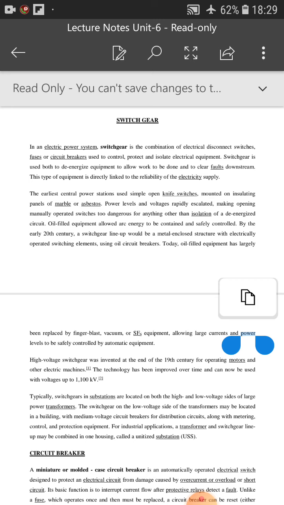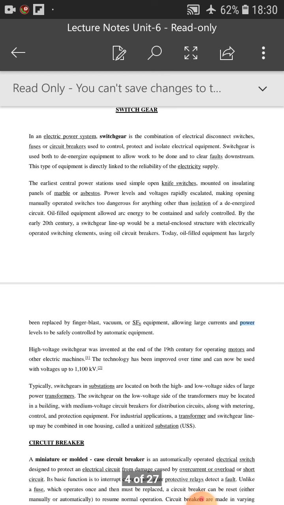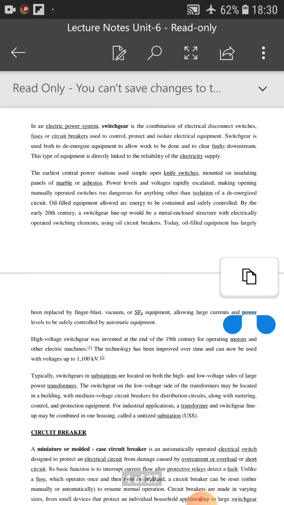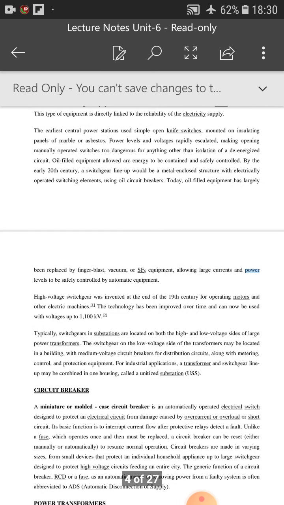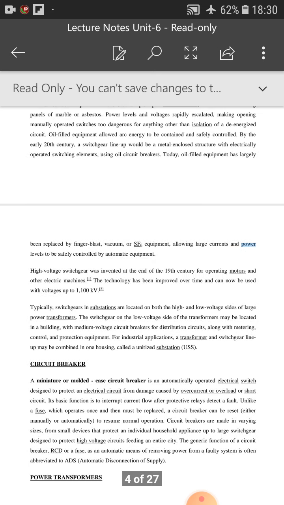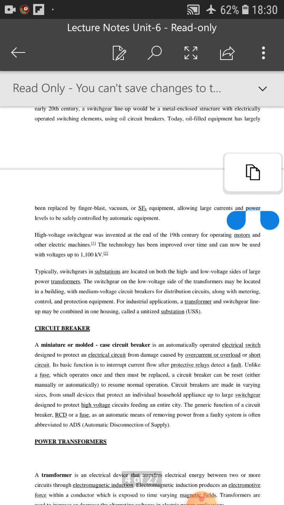By the early 20th century, switchgear lineups would be metal-enclosed structures with electrically operated switching elements using oil breakers. Today oil-filled equipment has largely been replaced by air blast, vacuum or SF6 equipment, allowing large current and power levels to be safely controlled by automatic equipment.